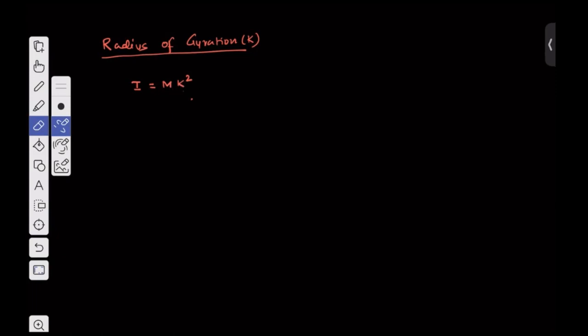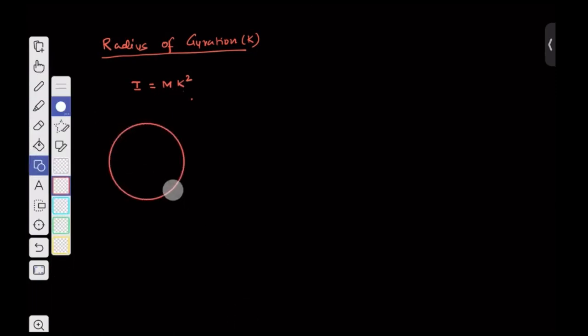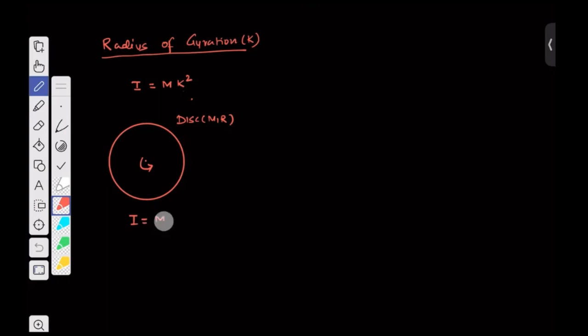For example, suppose I give you a disk of mass m and radius r, and ask you the radius of gyration about the axis of the disk. The moment of inertia about the axis of the disk is mr square by 2. So we equate it to mk square, and k will be equal to r by root 2. This is the radius of gyration of the disk about its center of mass axis perpendicular to the plane of the disk.